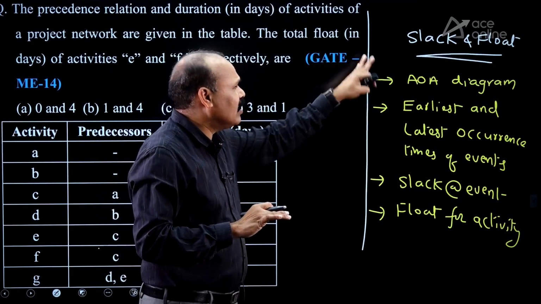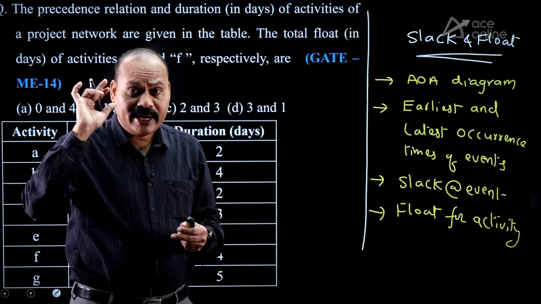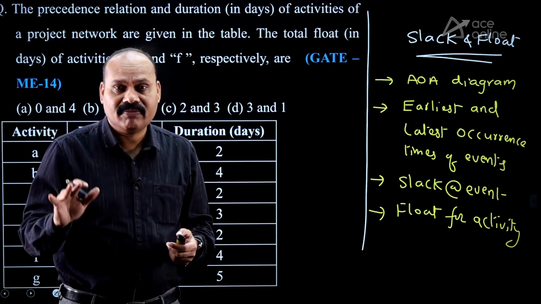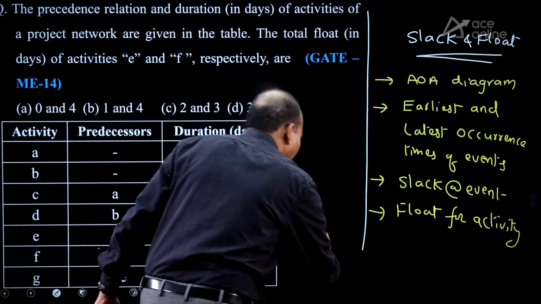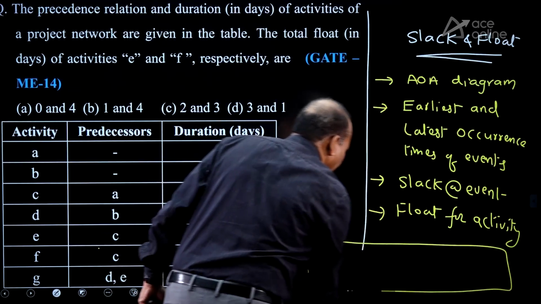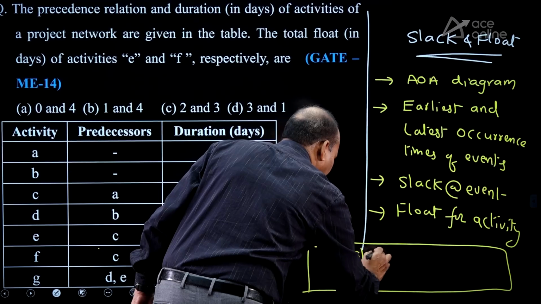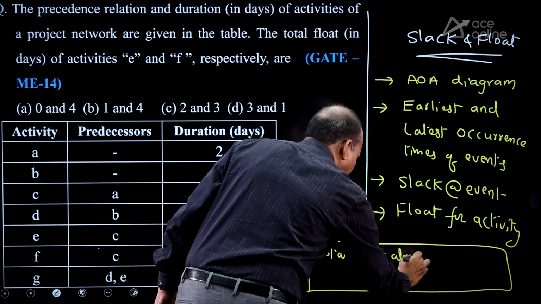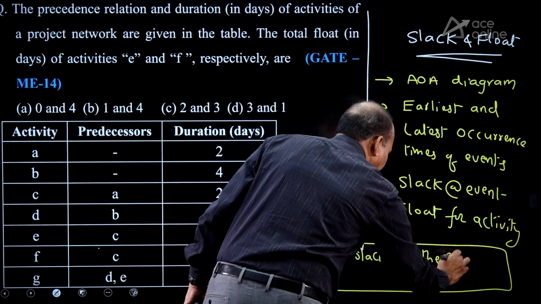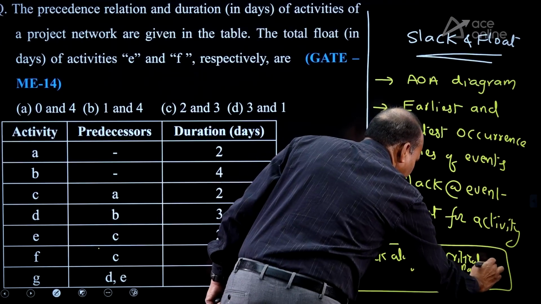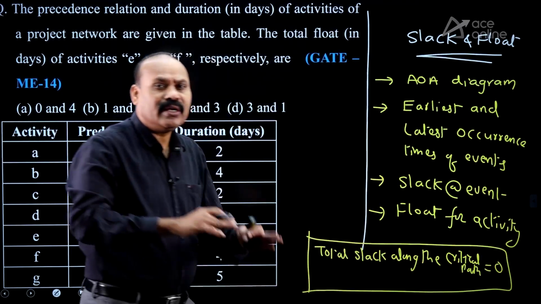In this particular case, slack and float, I recommend you identify the critical path. So there is a beautiful concept: total slack along the critical path is 0. This point is really useful to us.